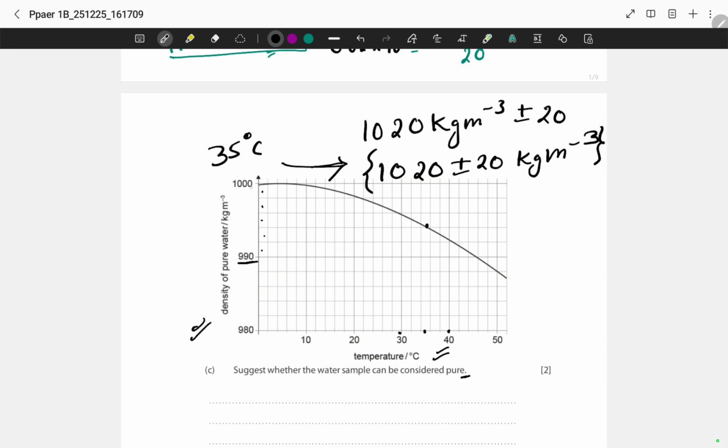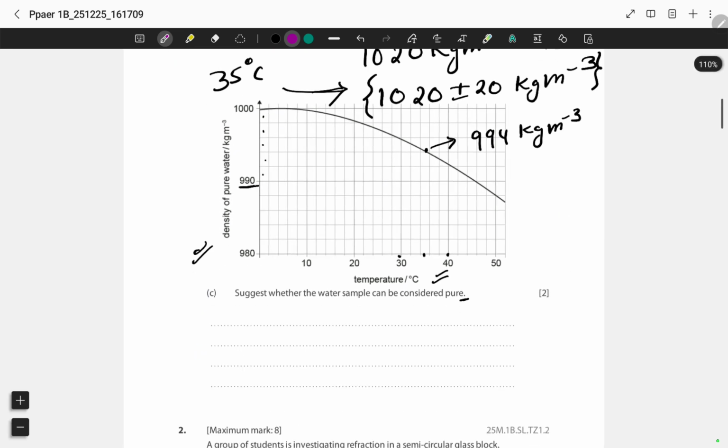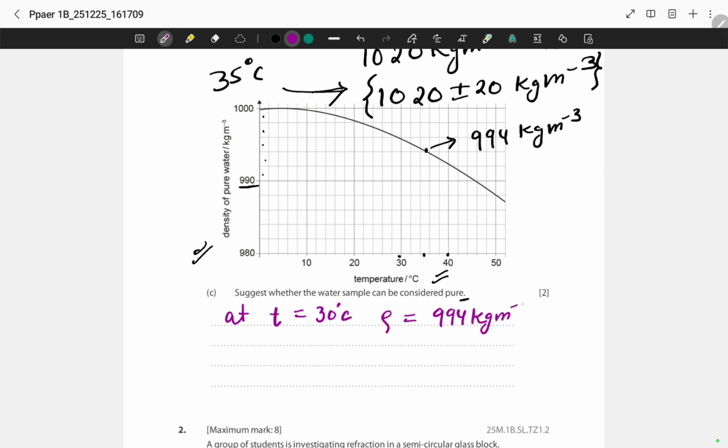I see this is 990. 1, 2, 3, 4, 5. 5 boxes is a difference of 10, so one box is a difference of 2. So the value here is 994 kg per meter cube. Looking at the graph, at 35 degrees Celsius the density is 994 kg per meter cube, whereas the calculated value is 1020 plus minus 20.